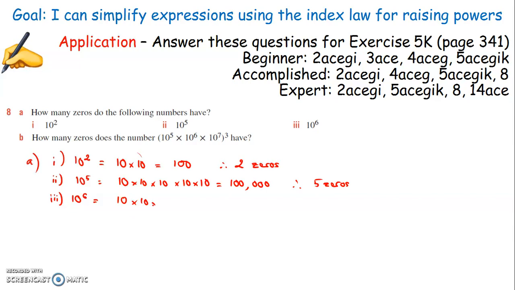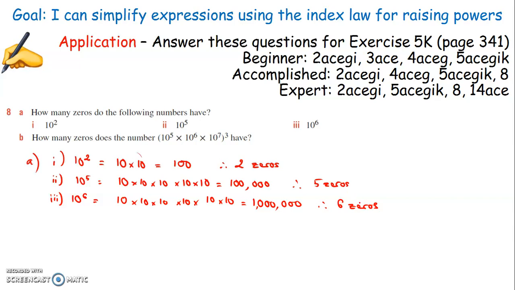We know that 10 multiplied by itself 5 times gives us 100,000, so this multiplied by one more 10 gives us 1 million. I'm just going to put commas there. So we have 6 zeros.